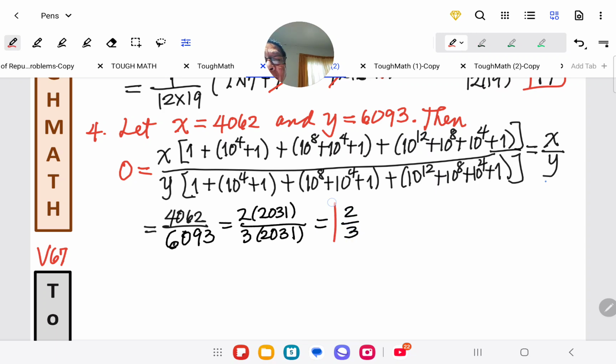Okay. Now, for those who are confused why we have this coefficient of x and y, it's like this.